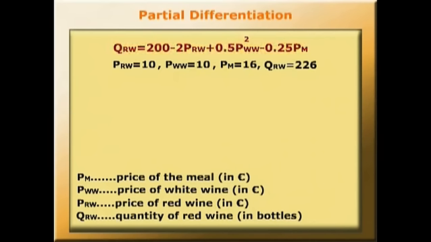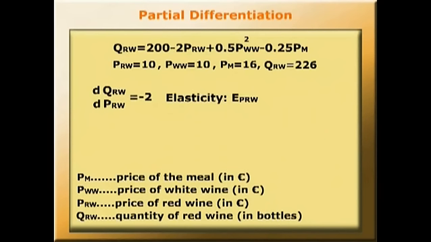So QRW equals 200 minus 2PRW plus 0.5 PWW squared minus 0.25 PM. So the partial derivative dQRW by dPRW equals minus 2.